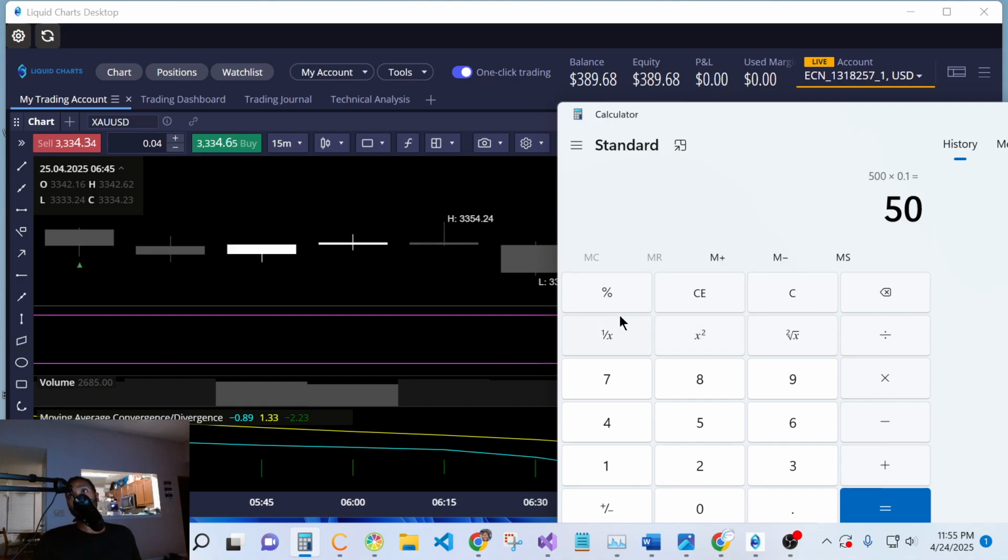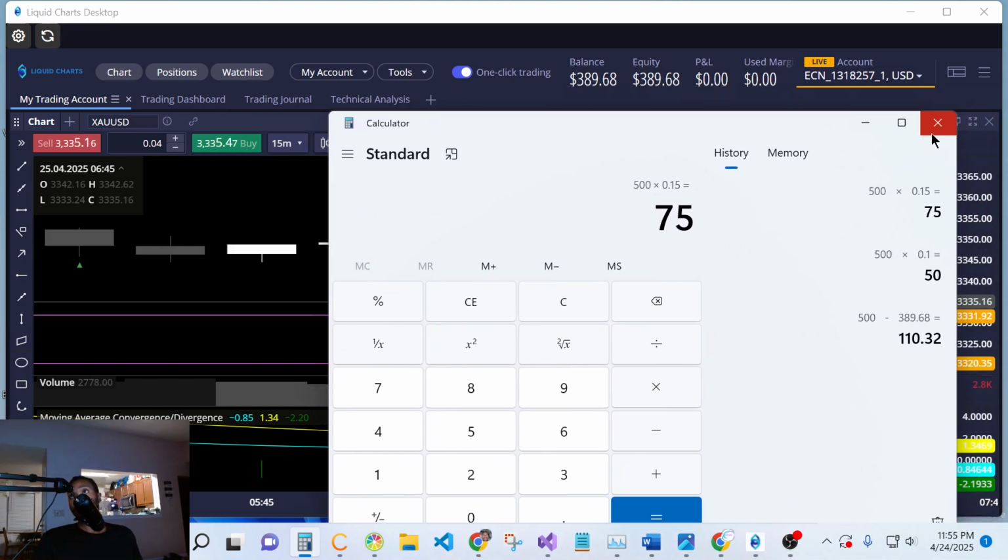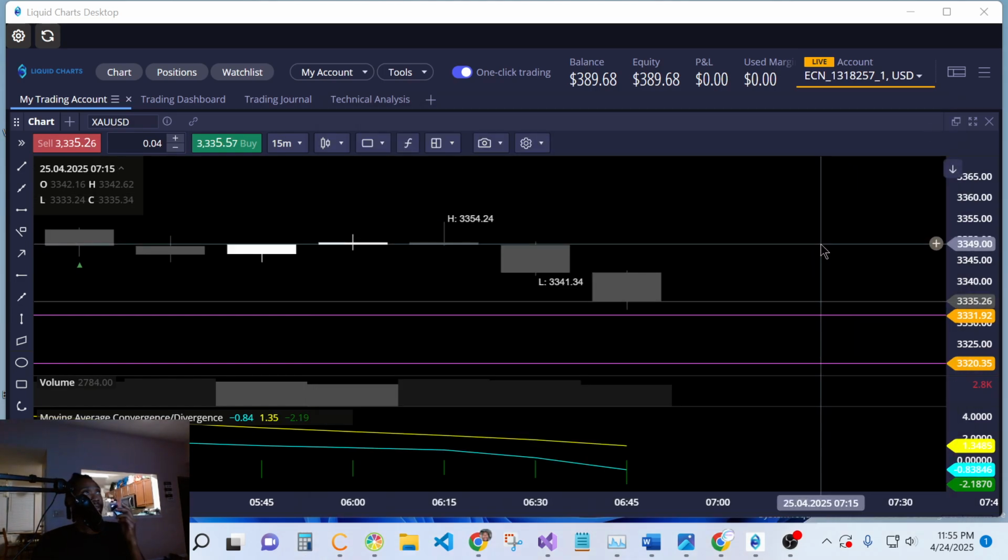Shit, I'm over 10. I'm like down 15%. That's crazy. Okay. Nope. I'm down 20%. So I'm down 20% on my overall balance. 20% in drawdown. So you guys are going to have to watch me come up out of that.